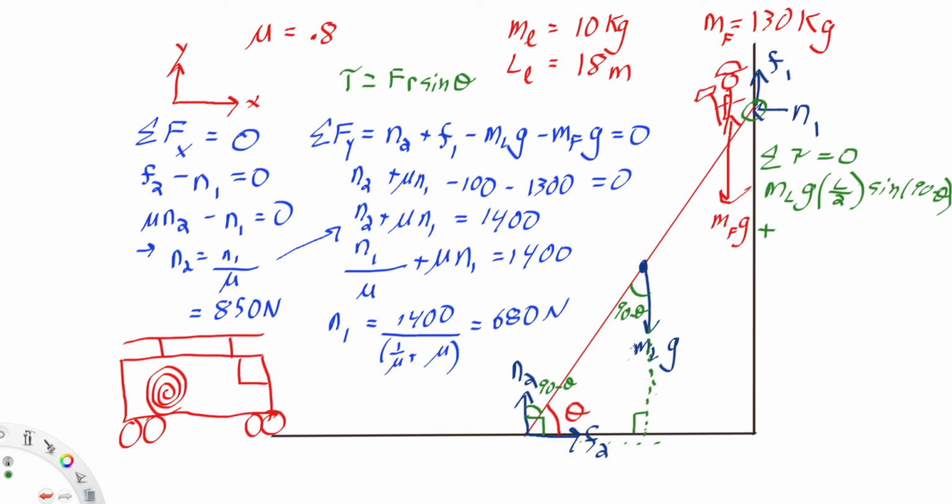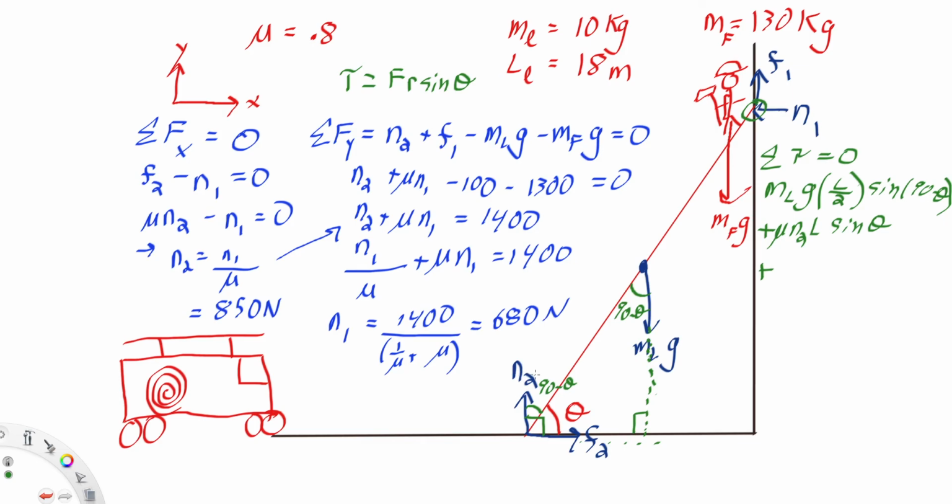For F2, we have mu N2, and the distance from this force to the point of rotation we chose is the whole length of the ladder. The angle between the ladder and F2 is just theta, so we have sine theta. Then we have plus the torque produced by the normal force.